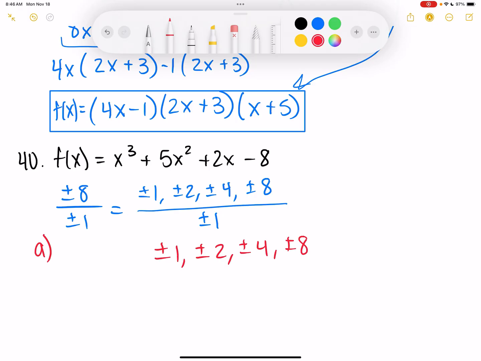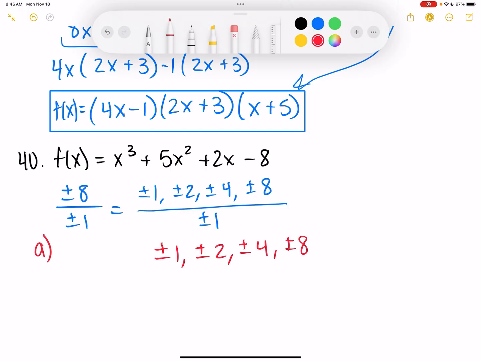Part B says find all rational zeros. So what we do, you need your calculator. So what you're going to do is hit y equals, clear whatever's in there, and we are going to type in this function right here.